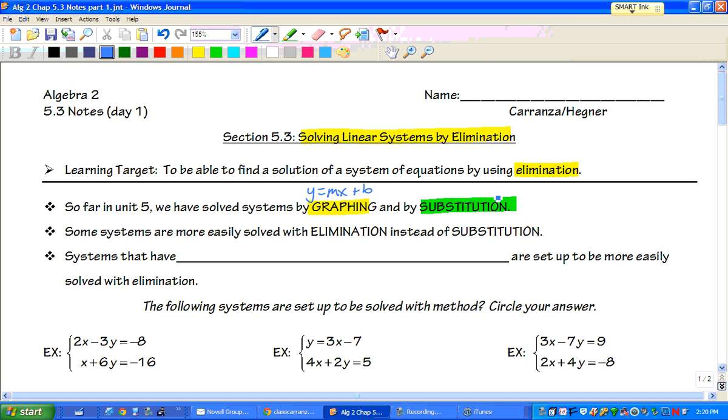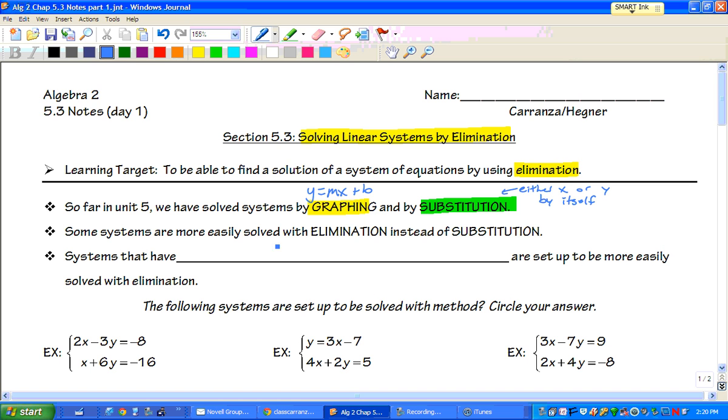That's when we substitute either the x or the y by itself. Okay, so we want one of those variables by itself so we can plug everything in. Now some systems are more easily solved with elimination.